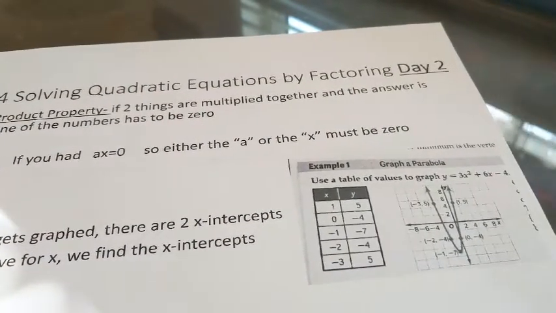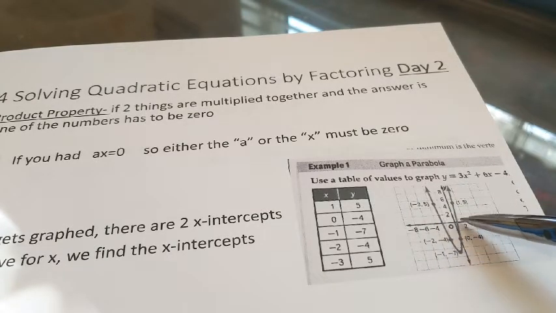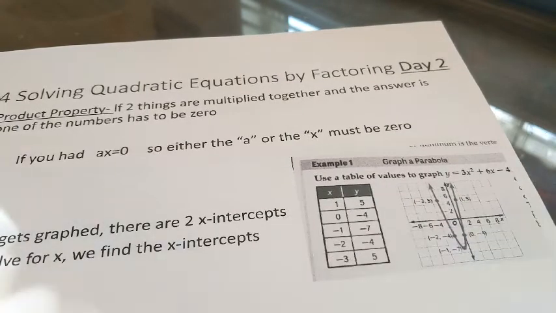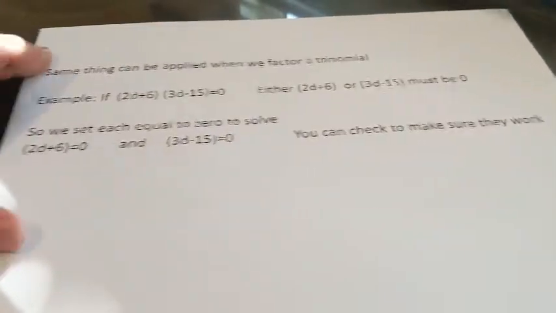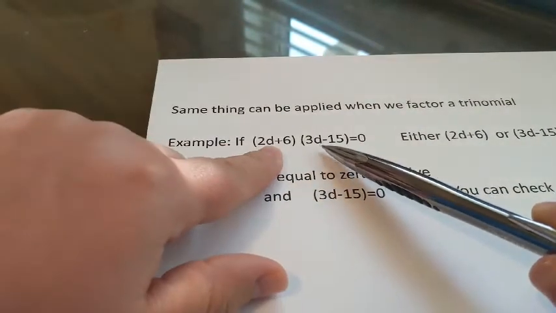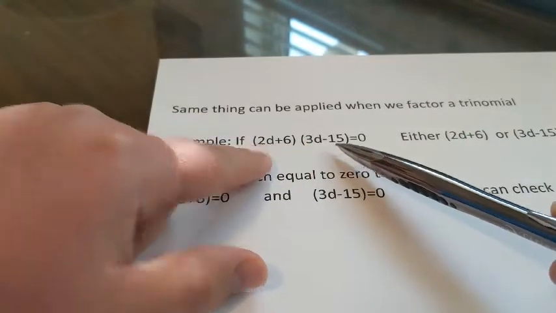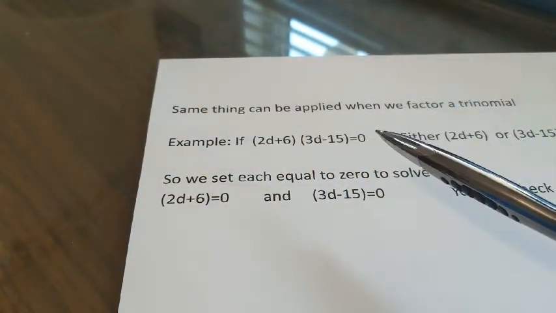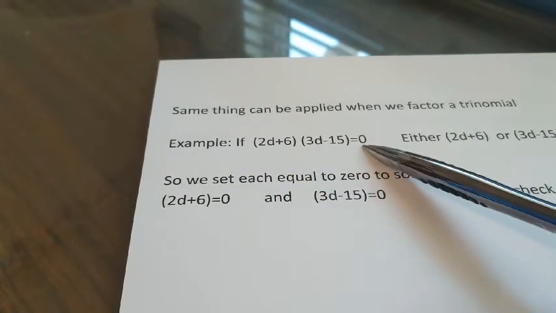So in what we're doing today, we're going to find what the two x-intercepts are, and this is that same picture from last time, where they cross on the x-axis. Again, this is two things multiplied together. These just happen to have multiple things in the parentheses, but one of these has to equal 0.